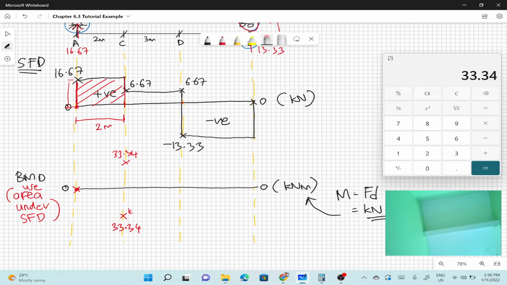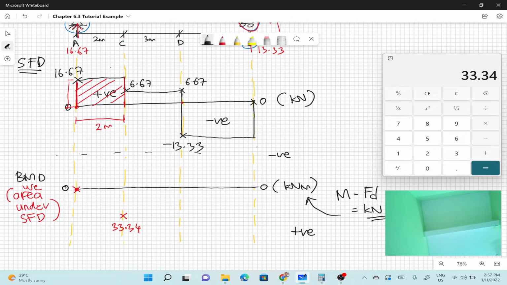I always assume positive for bending moment only is downward, and negative is upward. This is only for the bending moment diagram. For shear force, as a standard graph, positive is at the top, negative at the bottom. But for the bending moment diagram, no. I'm going to explain it later during our face-to-face session.